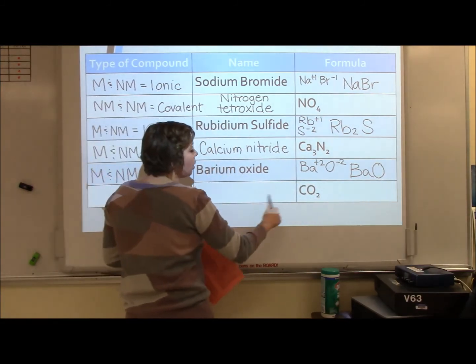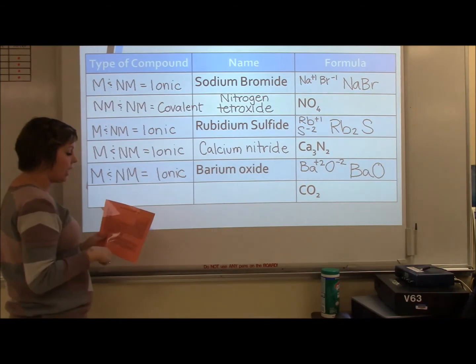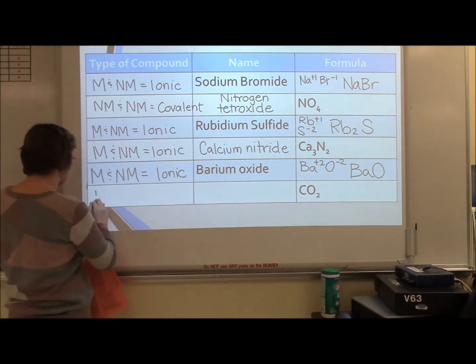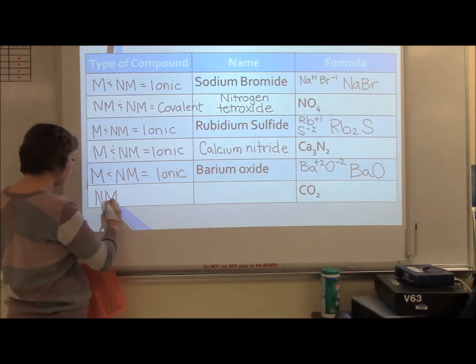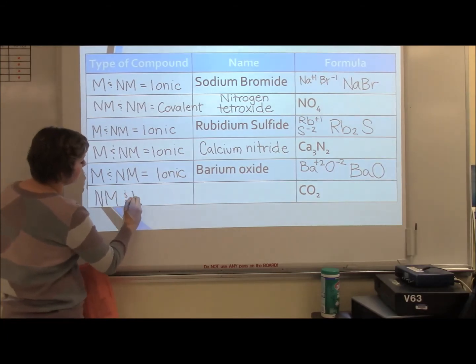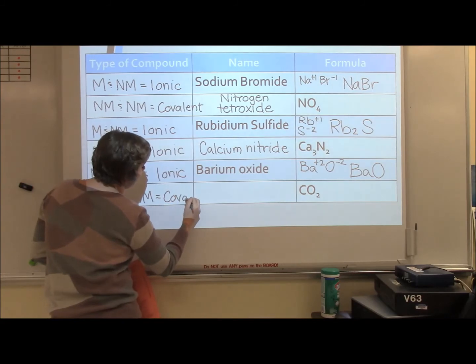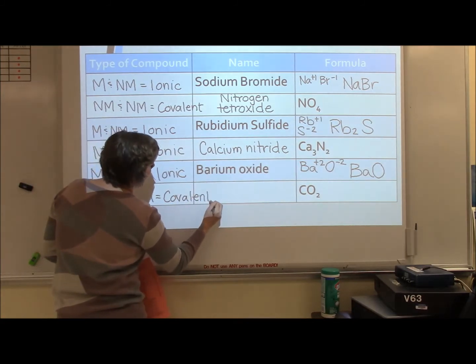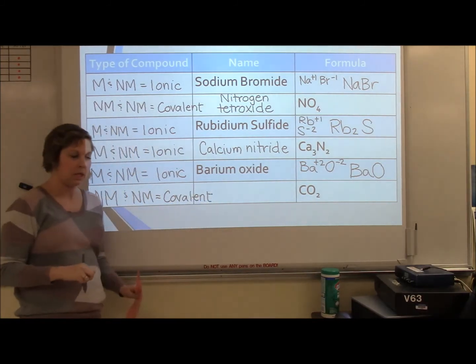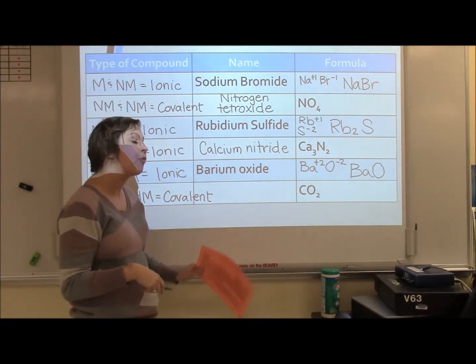All right, and then the last one, carbon, we know is on the right-hand side, so that is a nonmetal. And oxygen is also a nonmetal. So this one is a covalent compound. We've used this one as an example many times, and you've probably heard this before.